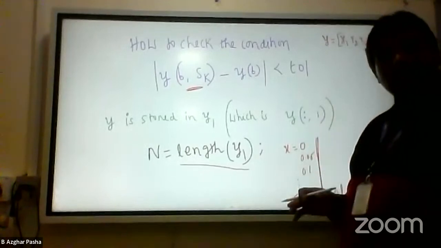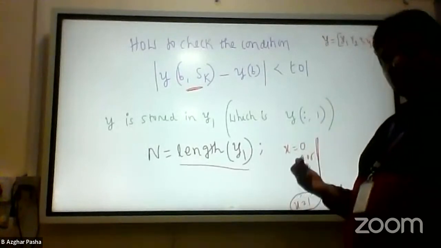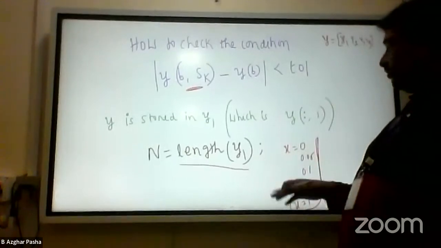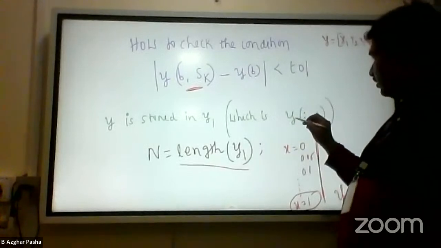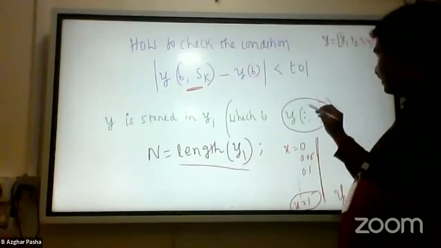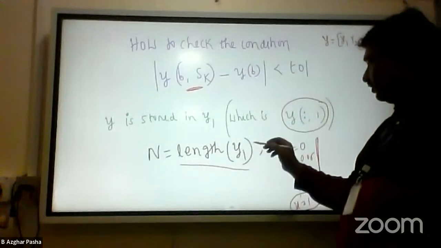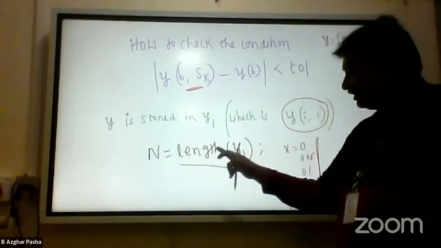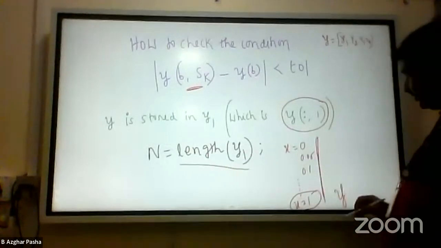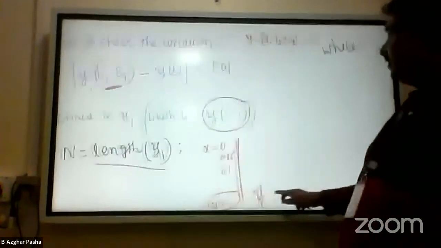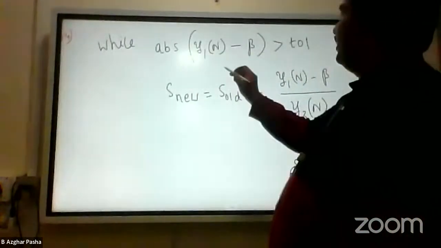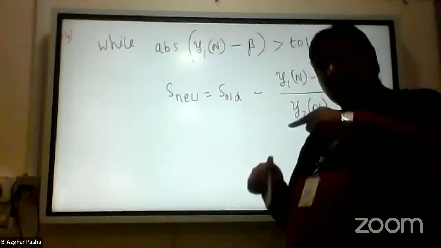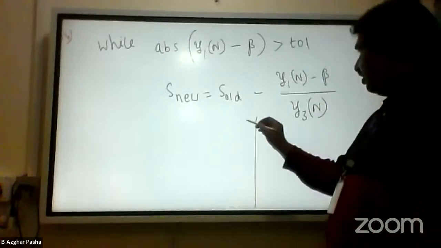This is your y. Y1 is y, y2 is y dash, y3 is y double dash, or u dash, u double dash, like that. So I want the length of y1. This is the concept to determine the length of y1. Y1 is the first column of y, and I use the length of y1 to compute the number of elements. And then I use this condition, the absolute value of y1 of n.